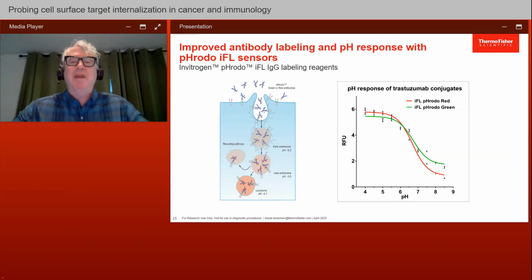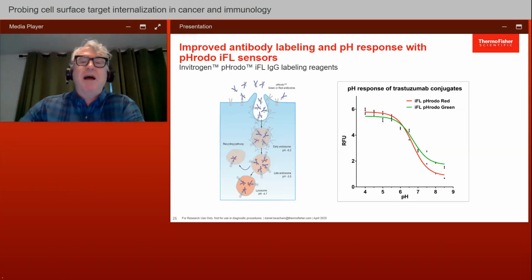If you see branding that says IFL, these are the improved solubility and labeling efficiency versions of the early red and green dyes, and they have been developed in kits, which I'll show a bit later, for DIY labeling at free amines on your primary antibodies.